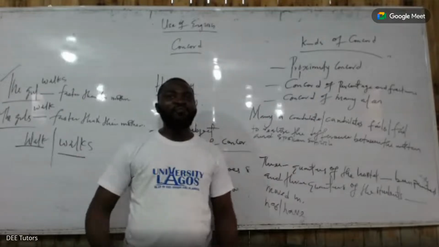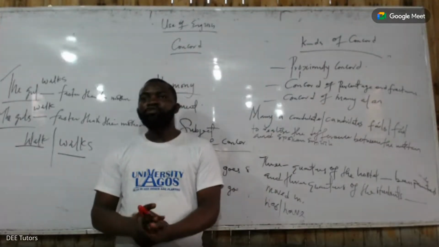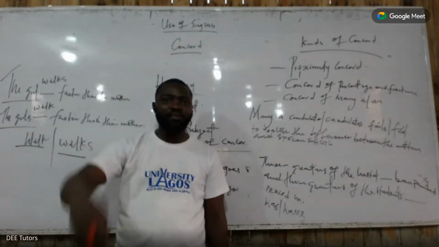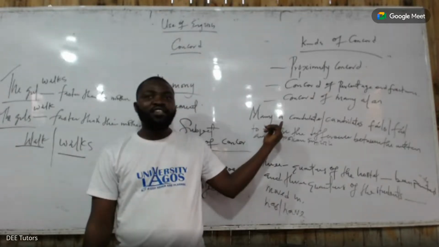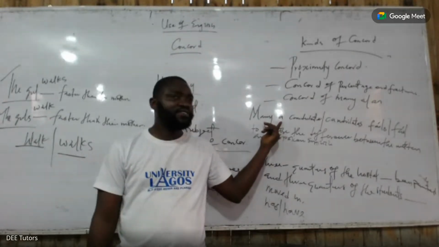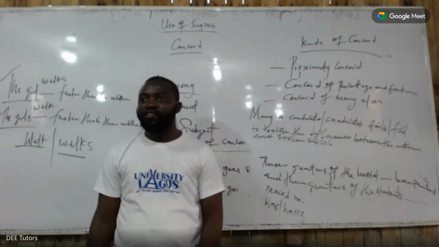So what we are interested in, I've given you the rule that whenever many a is in subject position, it should be... Hey, anyway, oh, you are sleeping. Whenever many a is used as the subject of a sentence, the noun to be used after it must be what?